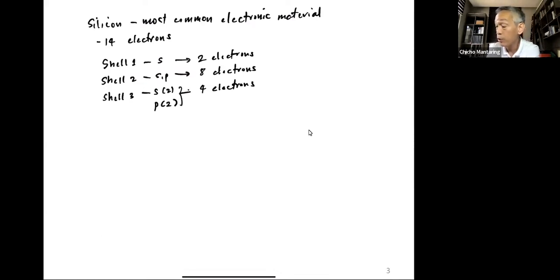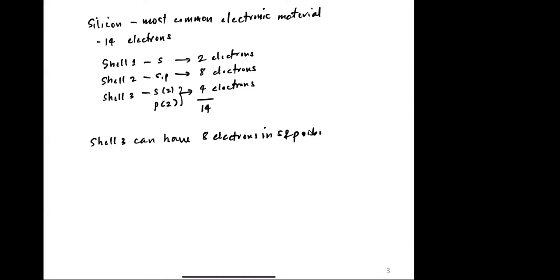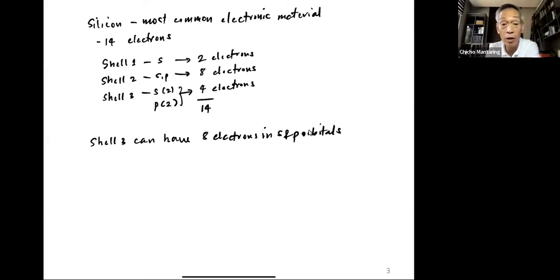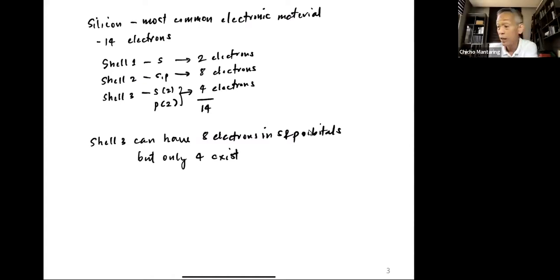So this corresponds to 4 electrons, for your total of 14. What this means is that shell 3 can have 8 electrons in the s and p orbitals, but only 4 exist. So that is for silicon.